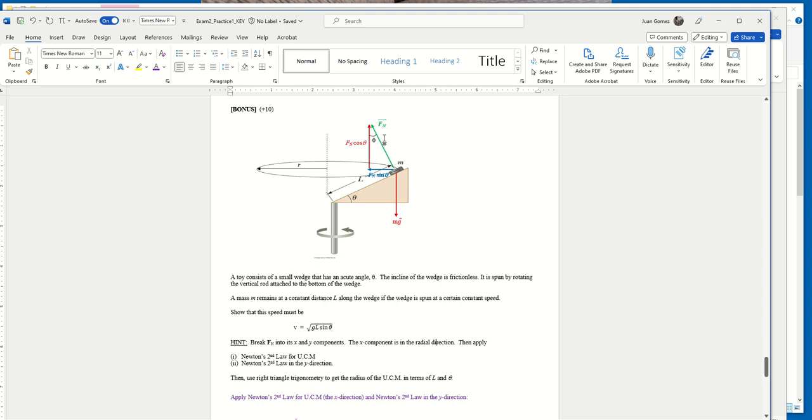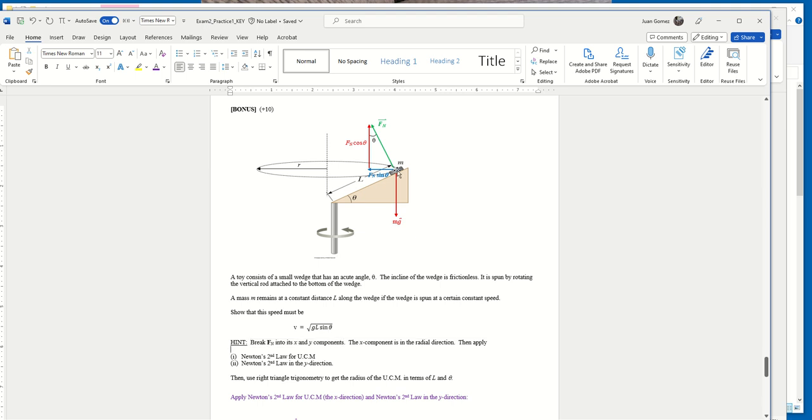And Fn is the hypotenuse. The x component is Fn sine theta because it's opposite. So the blue vector is the x component of Fn. The y component of Fn is Fn cosine theta. So I've taken Fn and broken it up into its x and y components.